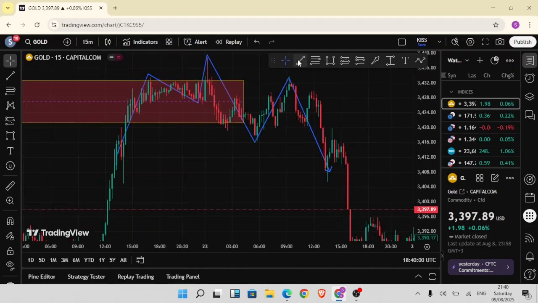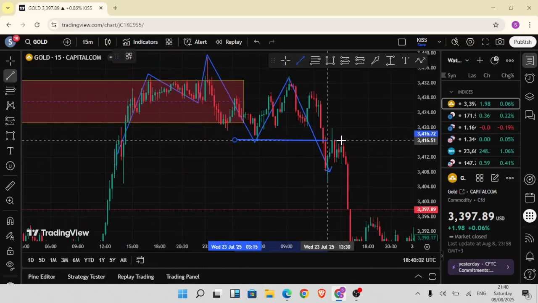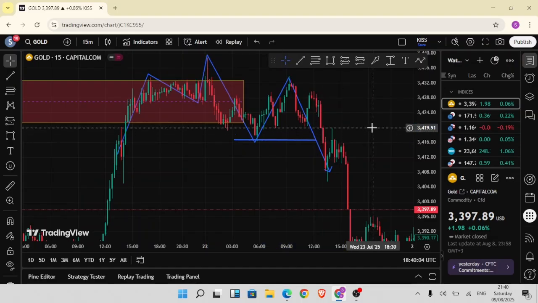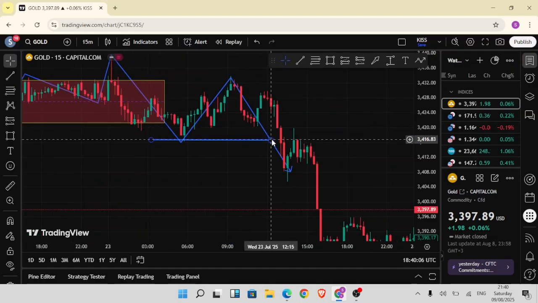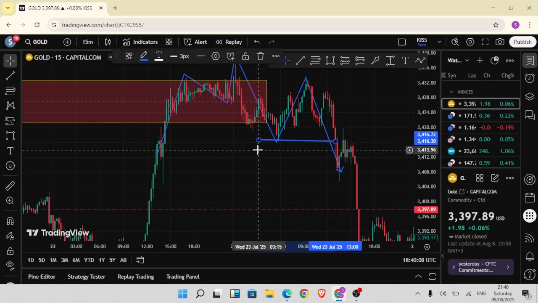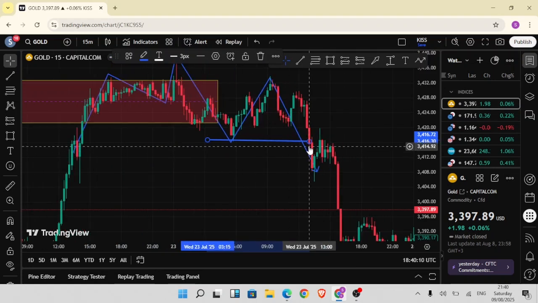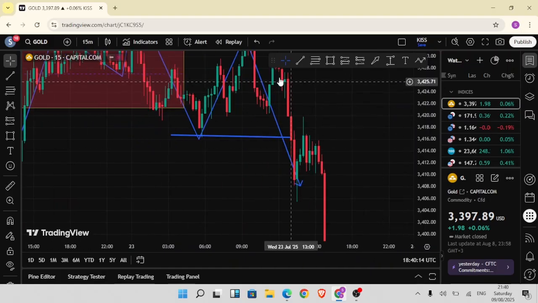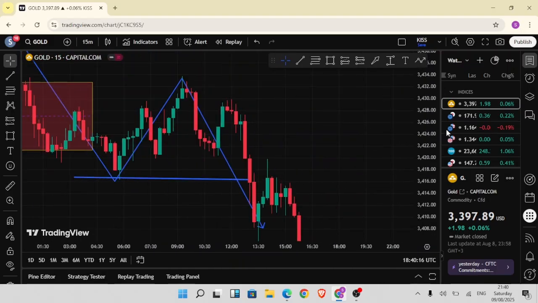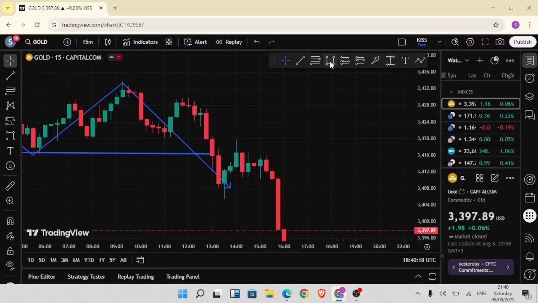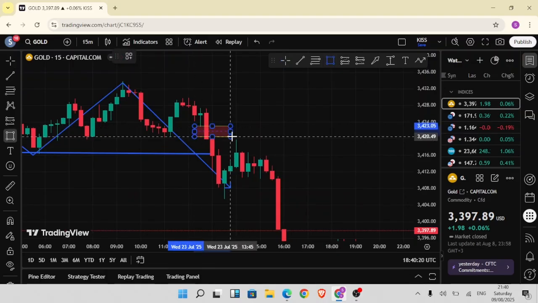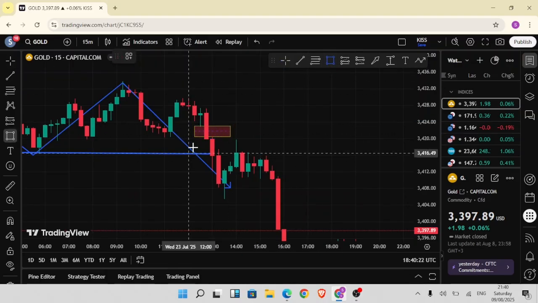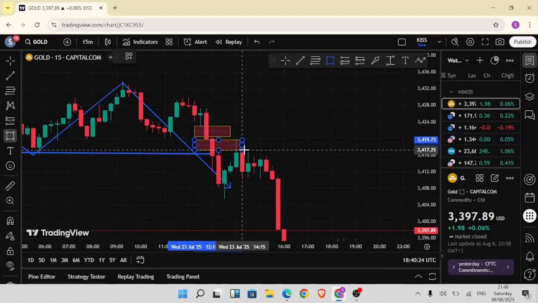So we can see we already have price now breaking below this point, right? Now what would ICT traders call it? A market structure shift, right? And then as price is breaking below this point, it leaves us a series of fair value gaps. We have the first one here, and we have the second one right there.